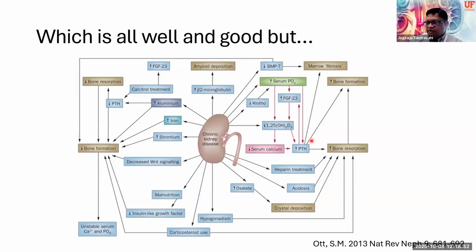Pulsatile secretions of PTH actually enhance bone formation. But a constitutively elevated PTH does what? It highly upregulates the mRNA of RANK ligand. As we discussed before, RANK ligand, when it binds to RANK, is going to turn on osteoclasts and lead to bone loss. Okay?